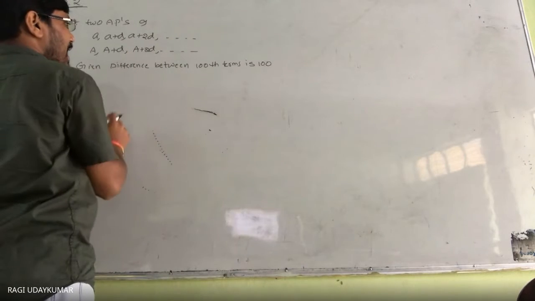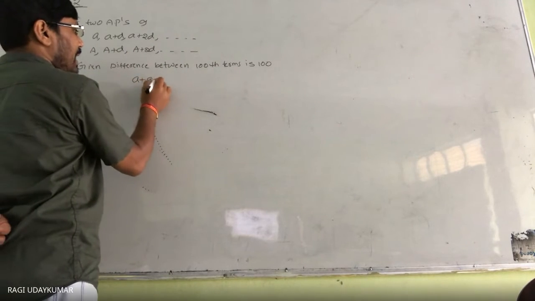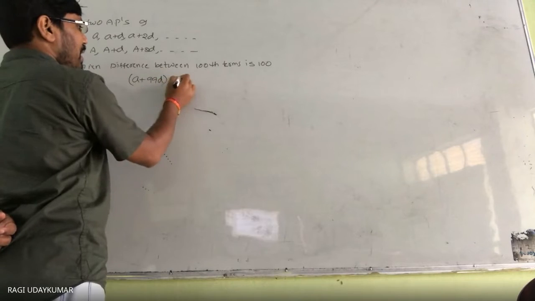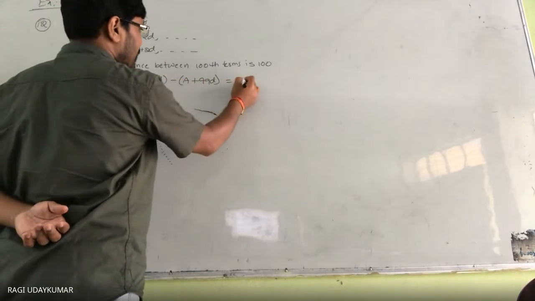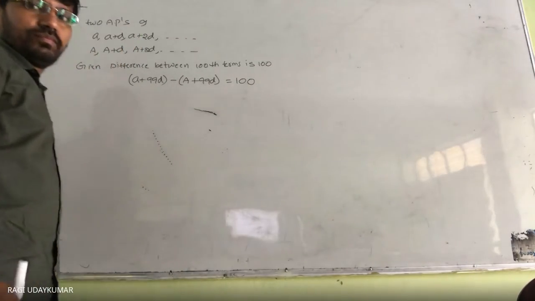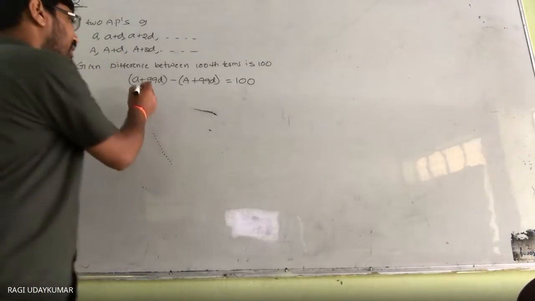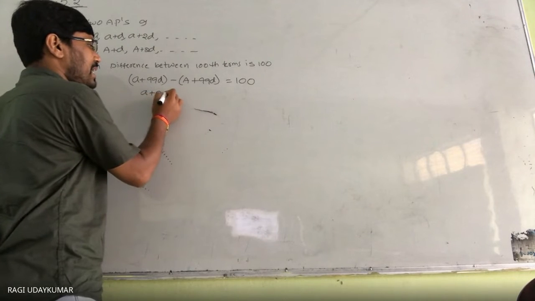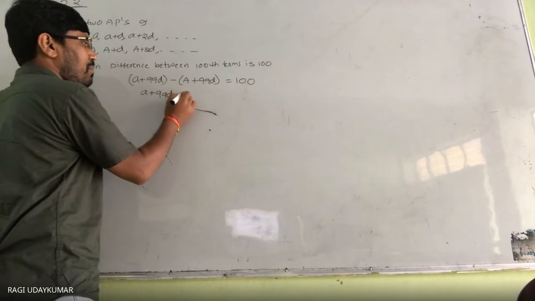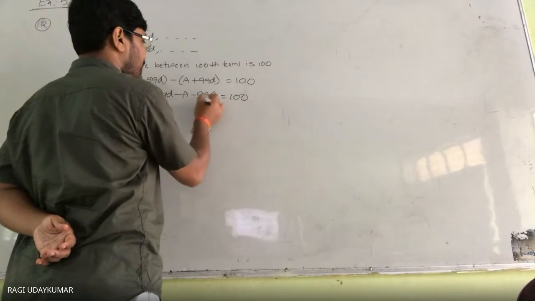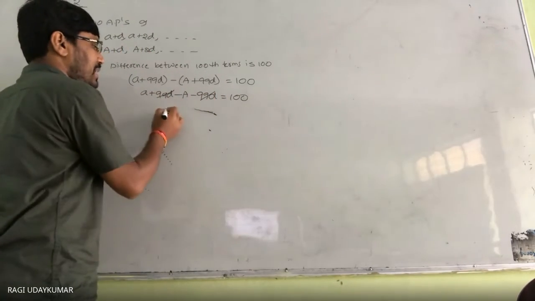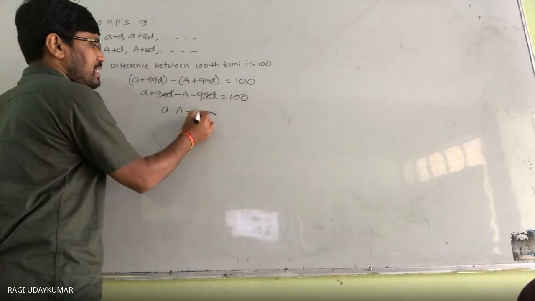That means a plus 99d minus capital A plus 99d is equal to 100. So from a plus 99d minus capital A minus 99d equal to 100, the 99d cancels and we get a minus capital A is equal to 100.